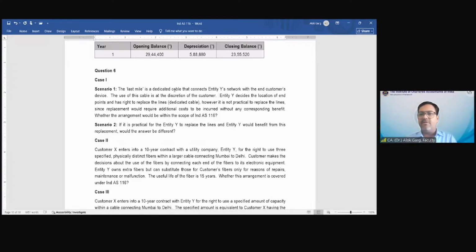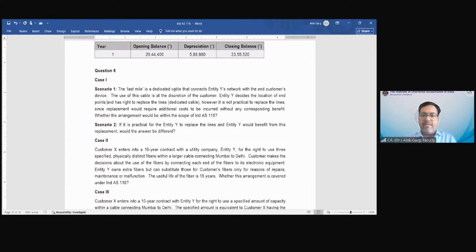Right? That cable, that lane. Entity Y, you must have seen the cable, right? Data cables. Entity Y decides the location of endpoints. Entity Y means lessee.